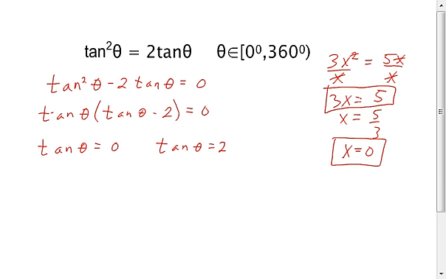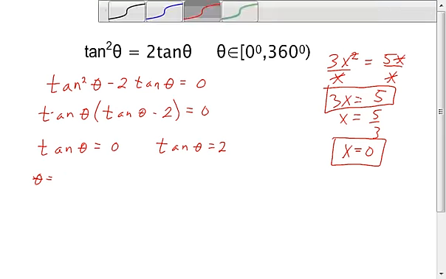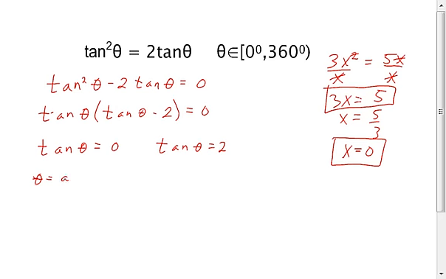And now we can use arctangent to solve these things. So theta is equal to the arctangent of 0, and theta is equal to the arctangent of 2.